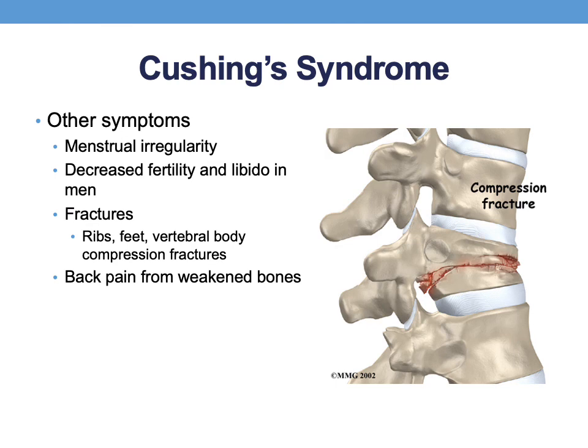It can lead to fractures in the ribs and the feet, but the most common area is compression fractures in the vertebral body. And that's because of the lack of collagen to strengthen the bones. And individuals will have back pain from weakness.